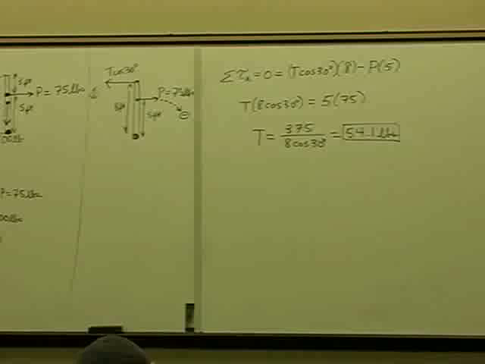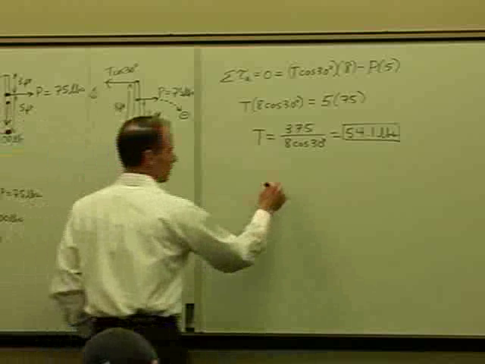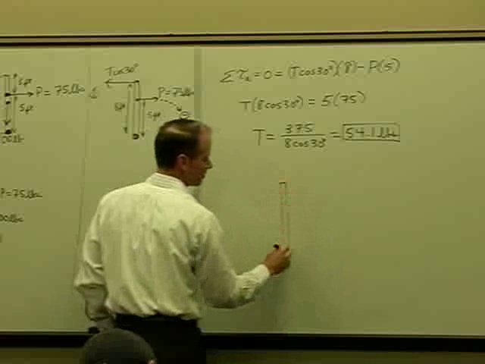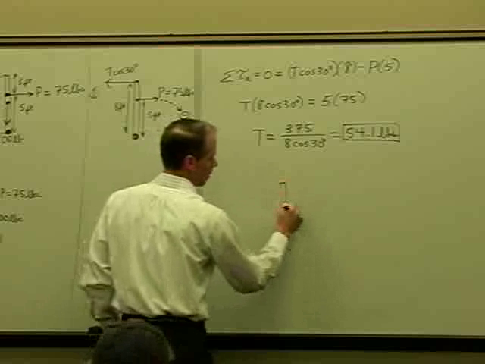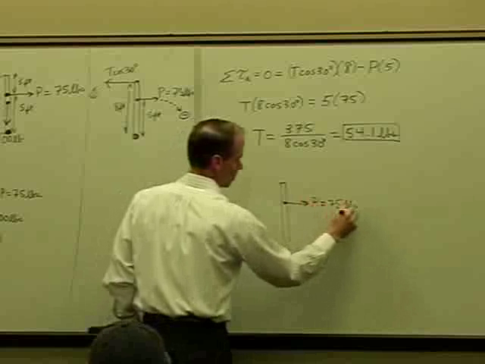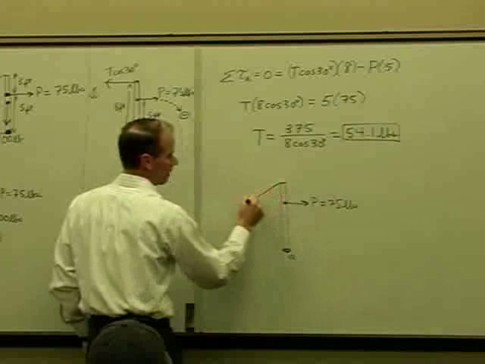Another way I could have done this when I was looking at this about point A is I didn't have to break up T into its components. What I could have done is just extend the line of action of T. It's coming down here at a 30-degree angle.